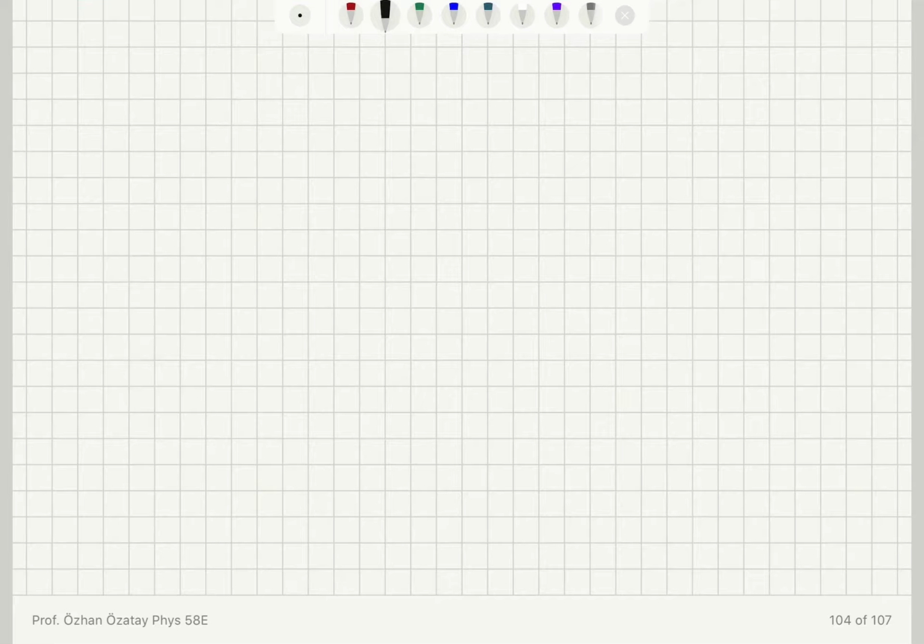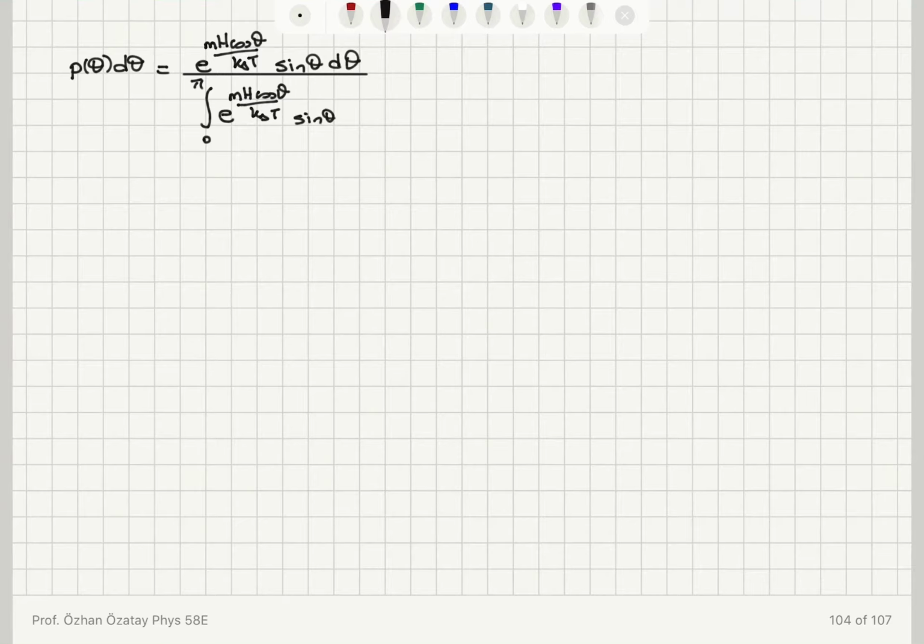So at the end I will get, for the probability distribution function P of theta d theta, this would be equal to e to the mH cosine theta divided by Boltzmann constant temperature sine theta d theta divided by the partition function, 0 to pi e to the mH cosine theta over kBT sine theta d theta, where the denominator covers all possible angles.